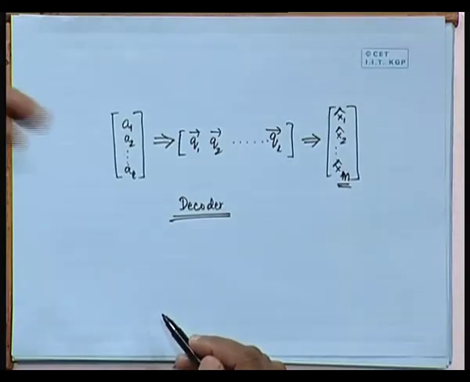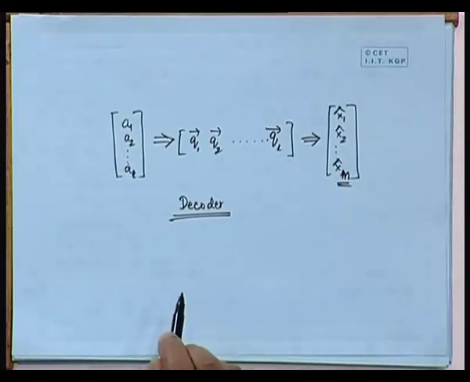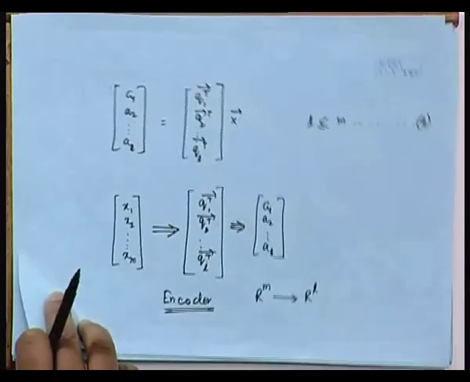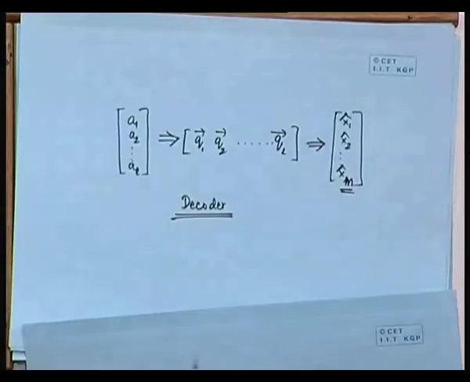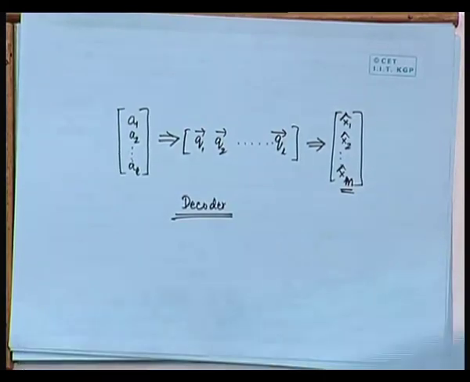Let us come back to what we were discussing: the encoder and the decoder structure looks pretty simple. One has got this in the encoder or this in the decoder, and then one can easily do the transformation, because the transformation is nothing but a projection, and that is very easy to do.